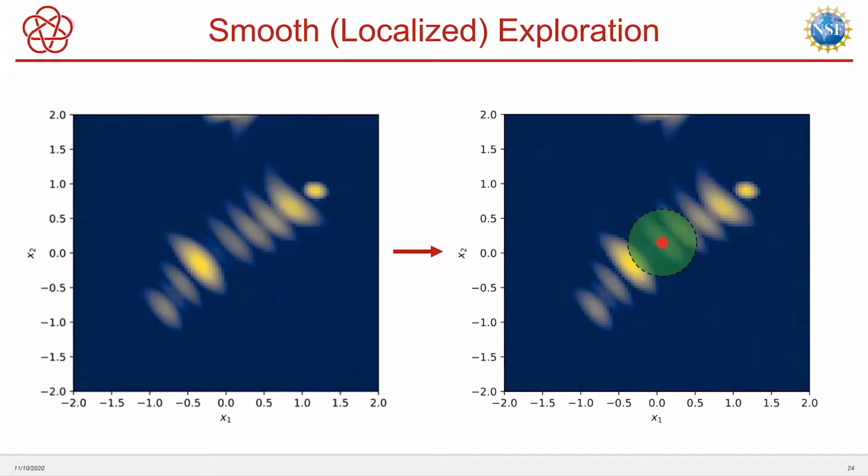And that's shown here on the right. So you've got the red point in the center, which shows the previous observation. And we can simply restrict our acquisition function to be non-zero outside of the green circle shown.